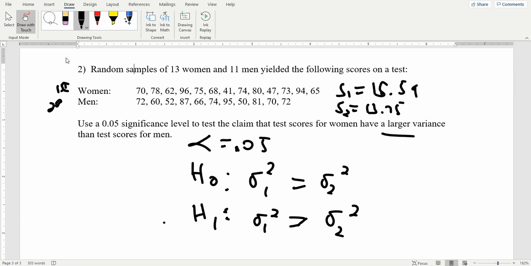Since the women are the first sample, because they have a larger standard deviation, it's definitely greater than. If the men had had a larger standard deviation, I would still use sigma squared 1, but it would have been less than, because sigma squared 2 would have been the women. So that is a big deal.